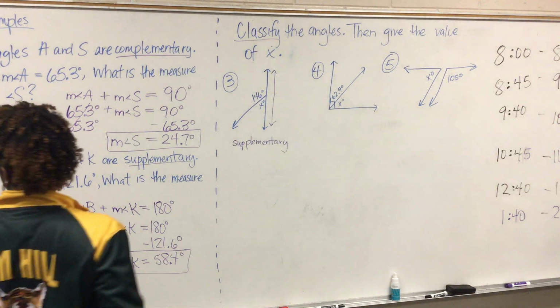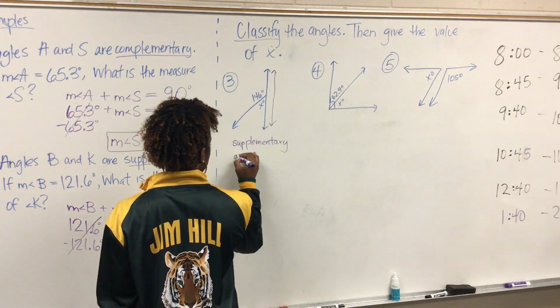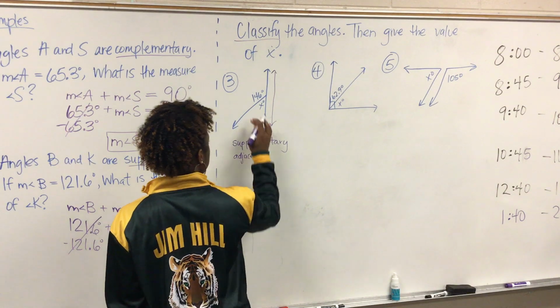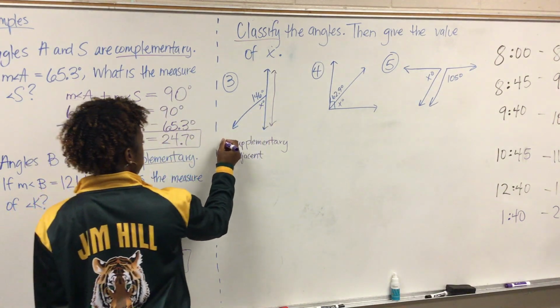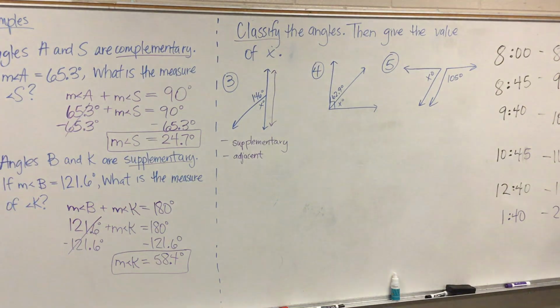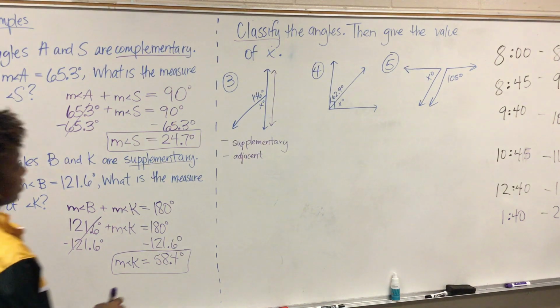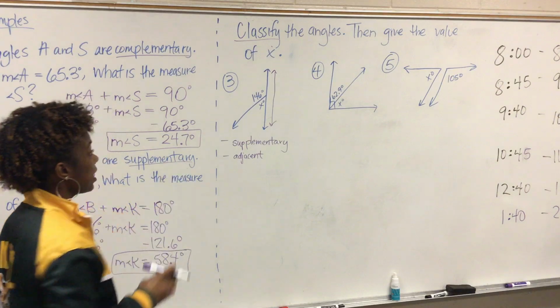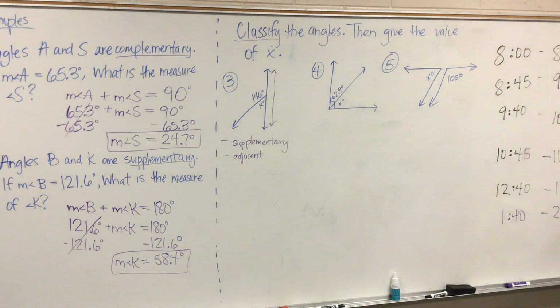I also know that they are adjacent because they share a common side. These are the two things that I know. So, both of these angles added together must equal 180.